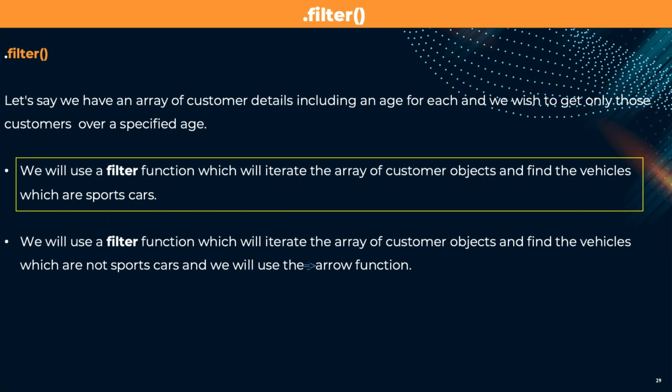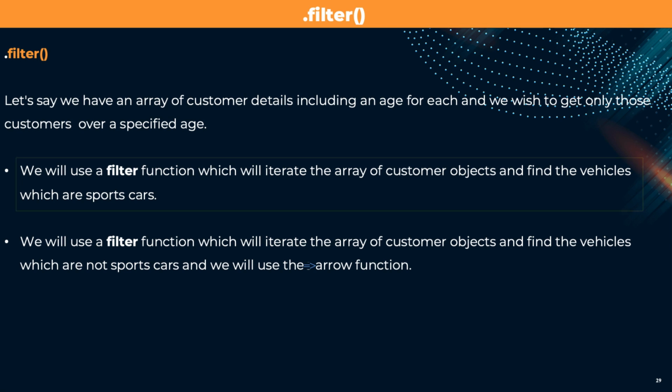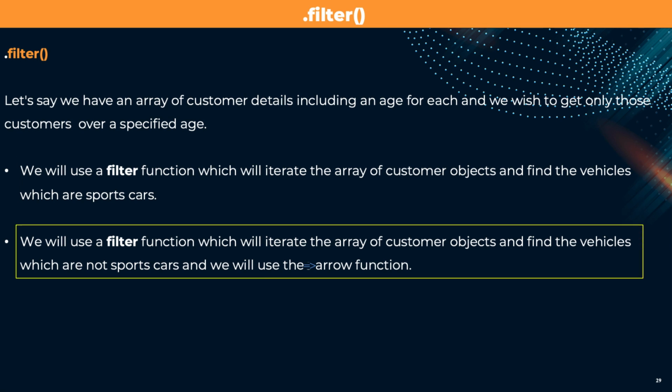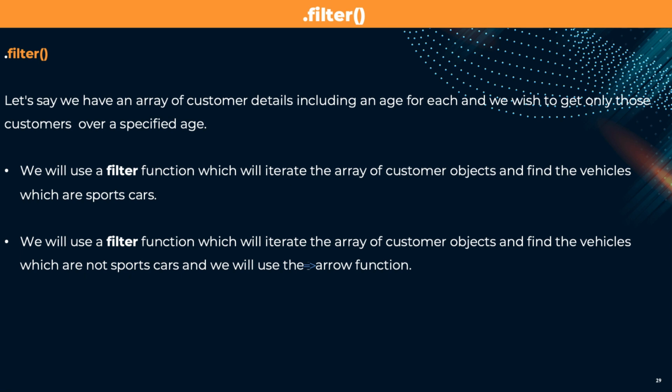So we will use a filter function which will iterate the array of customer objects and find the vehicles which are sports cars. We will use a filter function which will iterate the array of customer objects and find the vehicles which are not sports cars. But we could do this for age, or we could do it for has accidents. Whatever we want to filter our data. And filter generally will reduce the number of items.